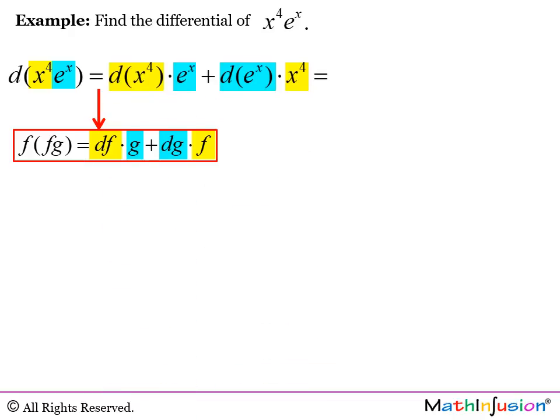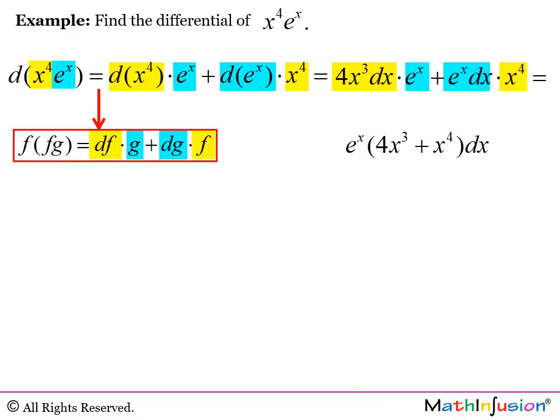It's the differential of x to the 4 times the second function e to the x, plus the differential of the second function e to the x times the first function. The differential of x to the 4 is 4x cubed dx, so we are replacing that. And the differential of e to the x is e to the x times dx. And we get e to the x times 4x cubed plus x to the power 4, times dx.